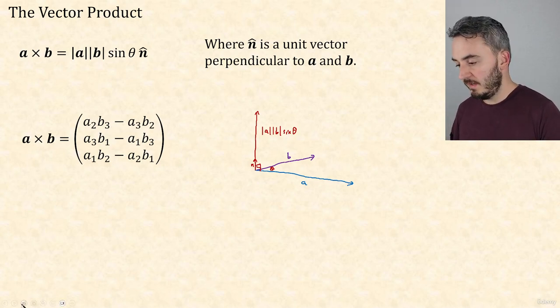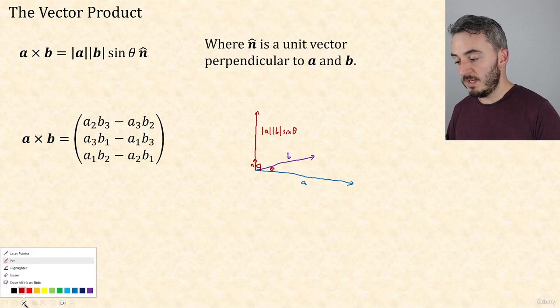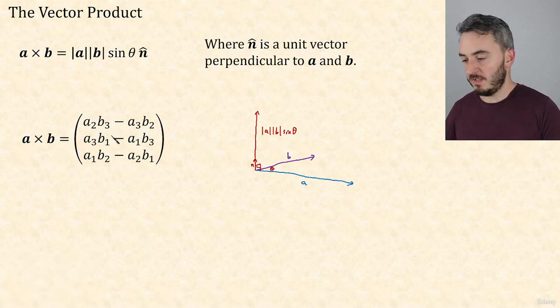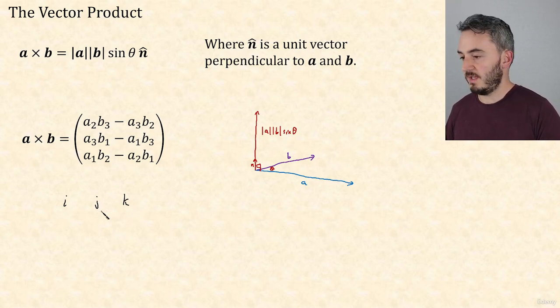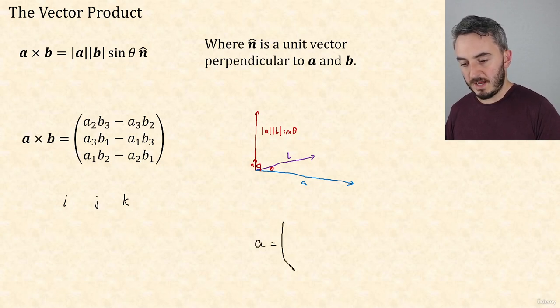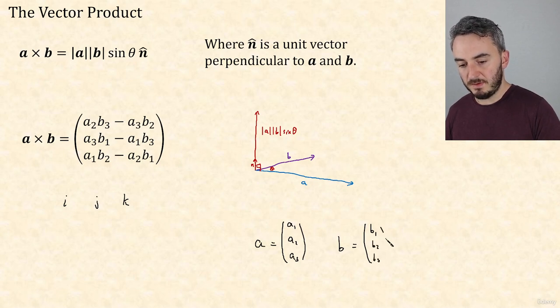Now that looks a little bit hard to remember, but it turns out there's a really neat way of finding this, and it's by considering the following matrix. We start with i, j, k, and then we just list out our two vectors A and B. So our vector A has components: i component A1, j component A2, and k component A3, and then B similarly has an i component B1, j component B2, and k component B3.